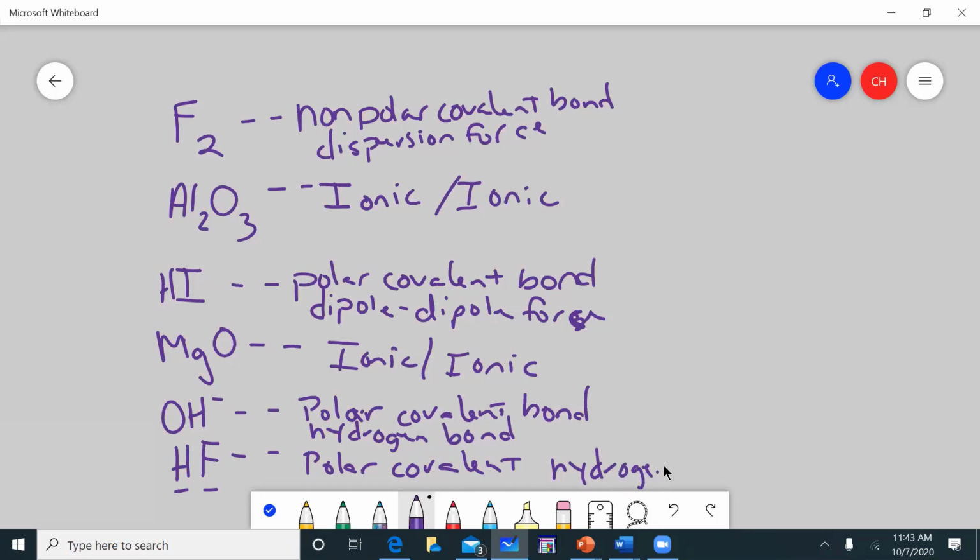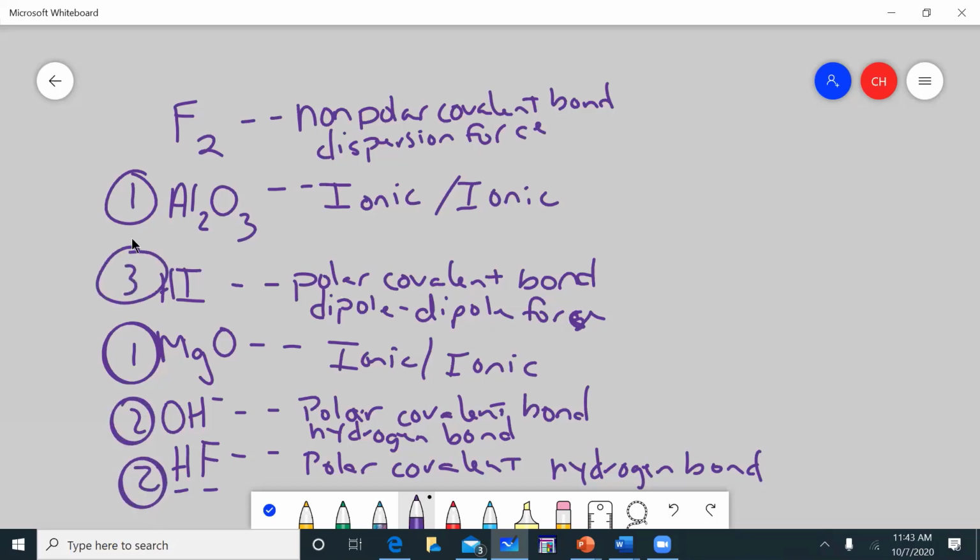Of these, strongest is going to be this and this. Next strongest will be this and this. Next will be this, and then this one here, 4, is the weakest of the forces.